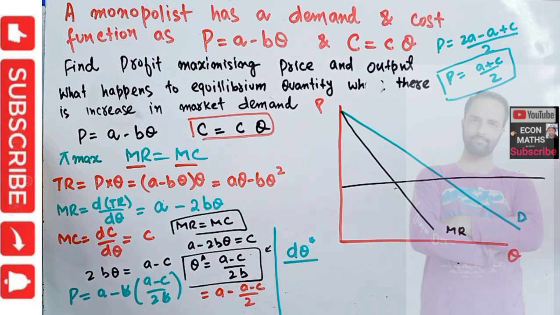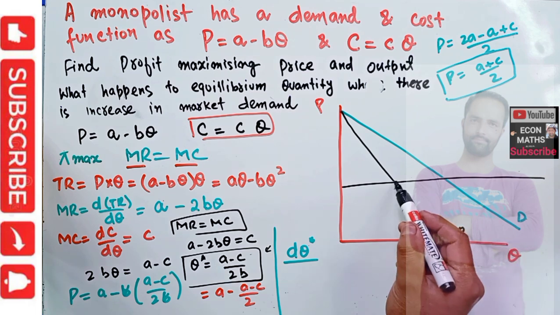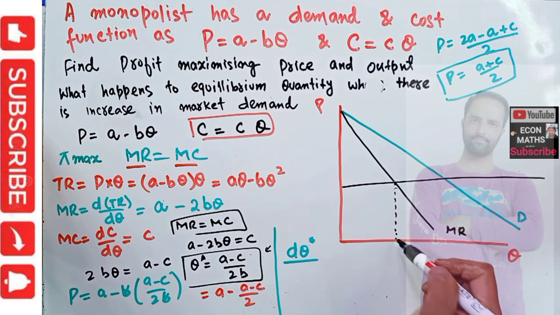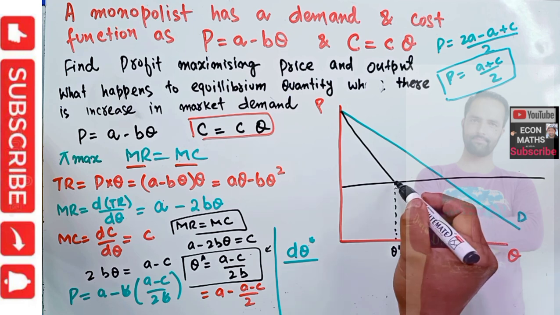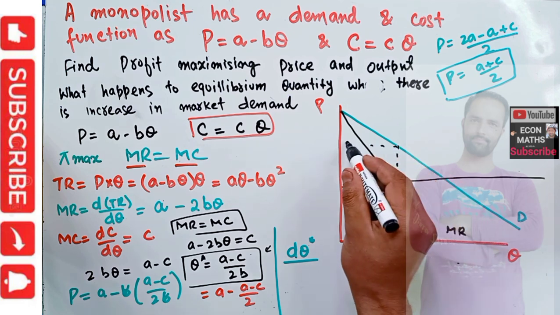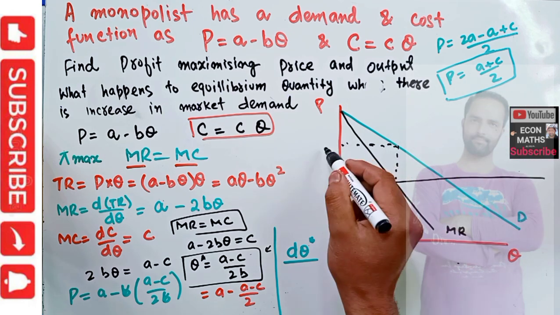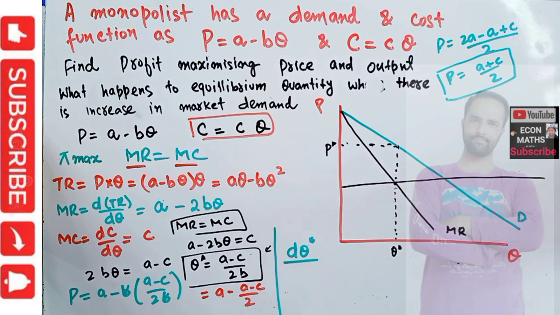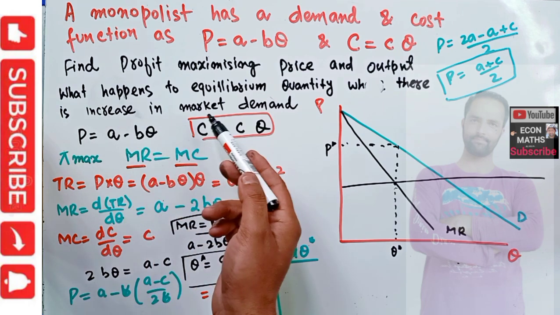Here marginal revenue is equal to marginal cost, so we got Q star, and corresponding to this we get the price here, this price P star.